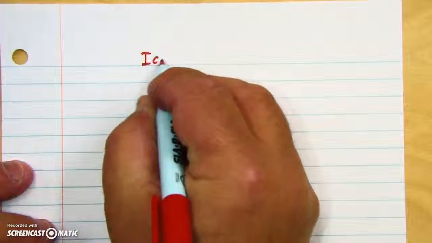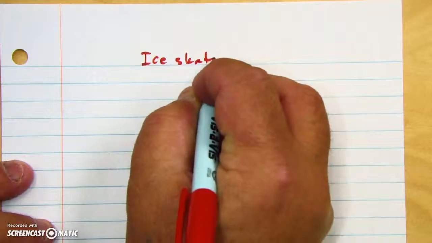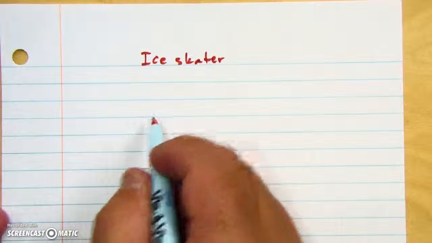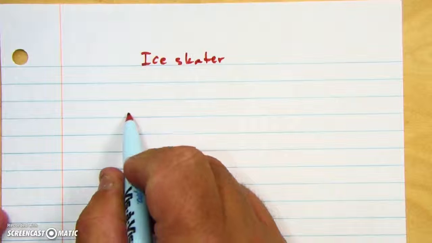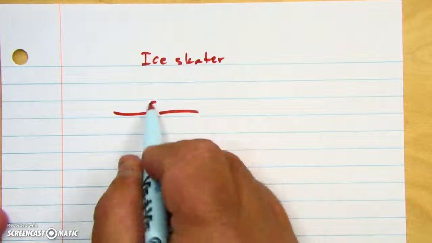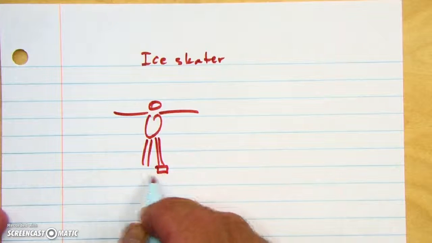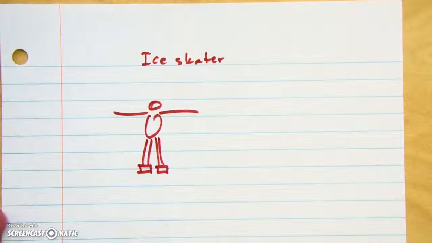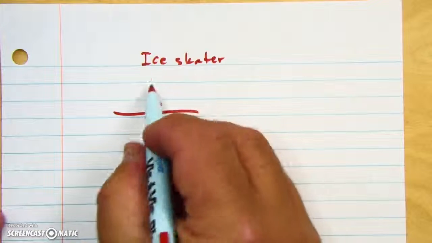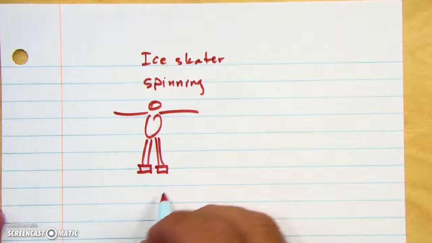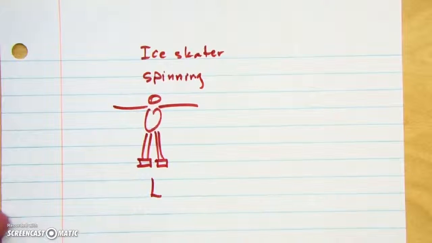Okay, let's take a look at some common examples. One of the most common places we see this is an ice skater. When she comes into her final turn, she starts herself spinning, so that means she has a set amount of angular momentum.